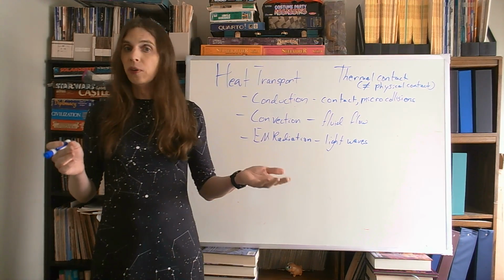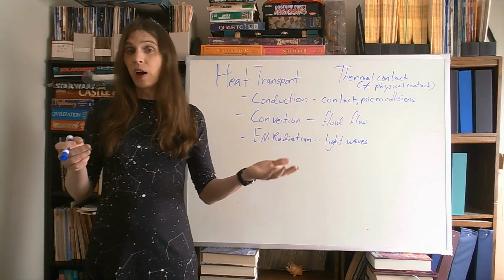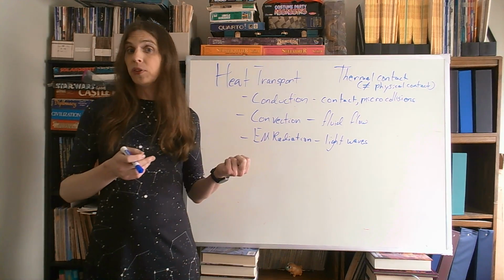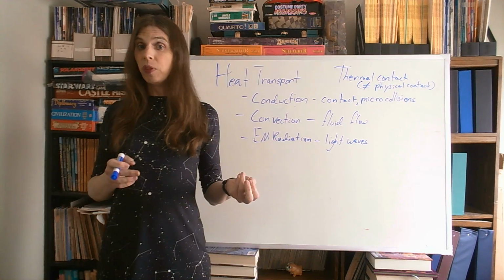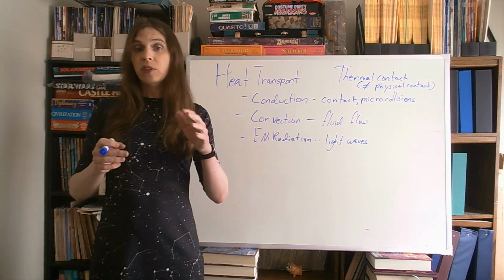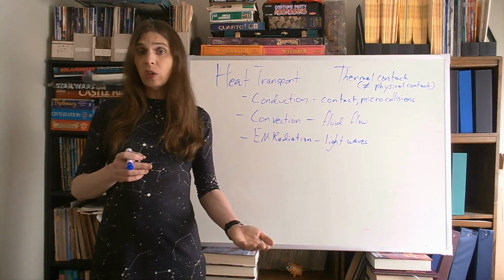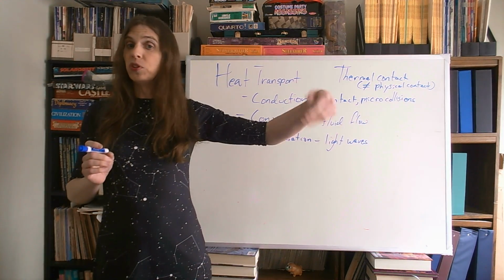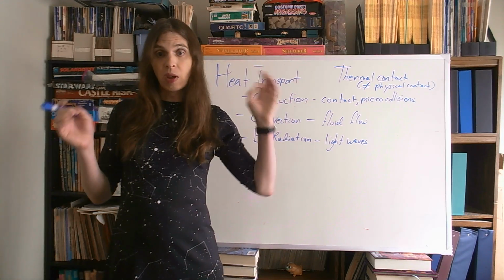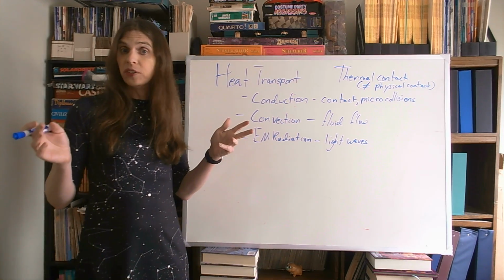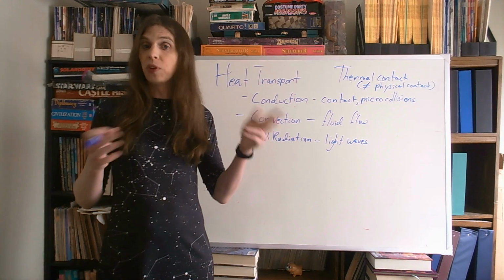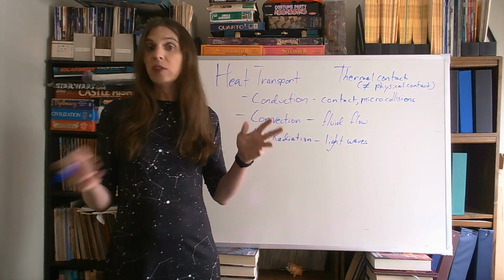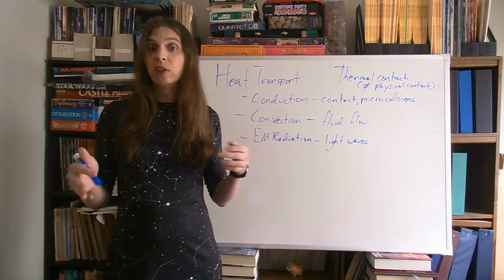That is, there's water, there's air and other gases, there's magma flowing below the surface of the earth, there's plasma within the sun, and the heat is moving from one side of that fluid to another and being transported to whatever is on the other side. The fluid's in physical contact with all the other things, but the things that are exchanging the heat are not in direct contact.